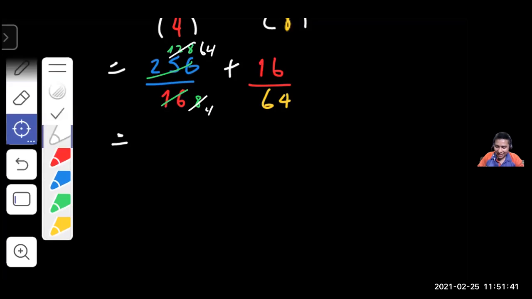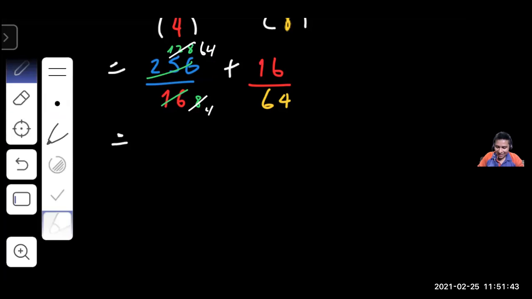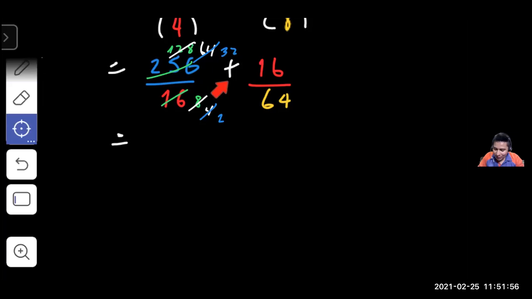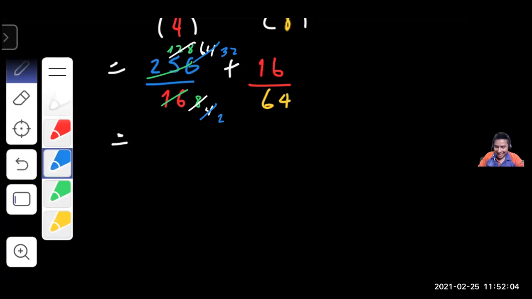Excellent. Do we have half still? Yes. What is the half of 64? 32. And what is the half of 4? 2. Okay, and now 32 divided by 2, guys, can you solve this mentally? 16. Correct. It's just 16, right?